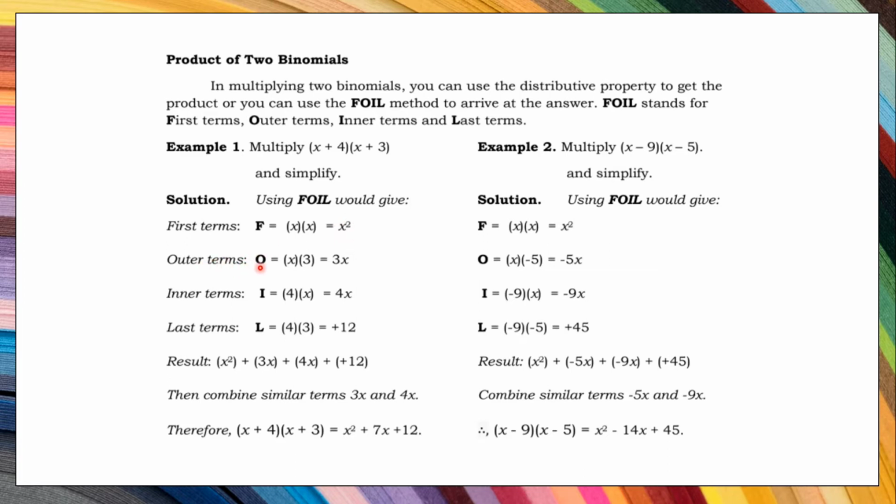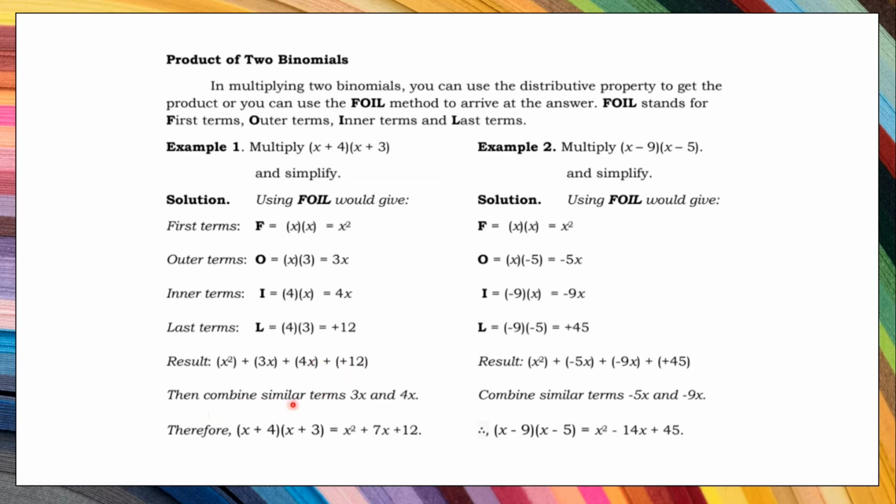The outer term, x and 3, equals 3x. The inner term, 4 and x, equals 4x. And for the last term, 4 times 3 equals 12. So the result is x squared plus 3x plus 4x plus 12.